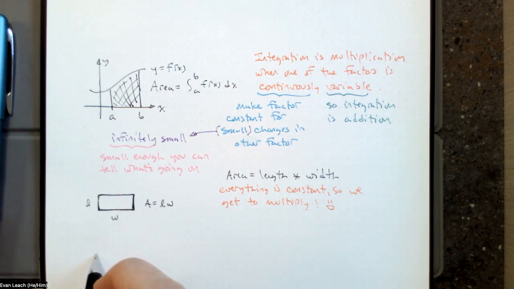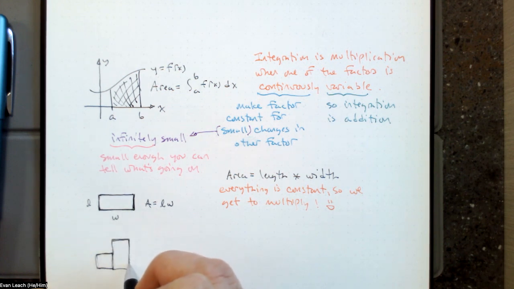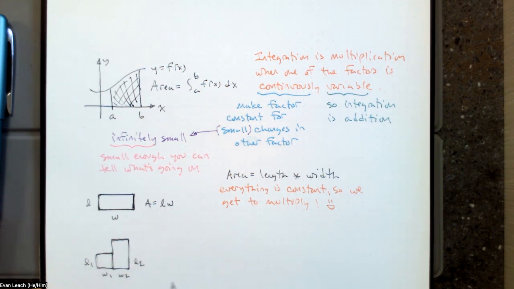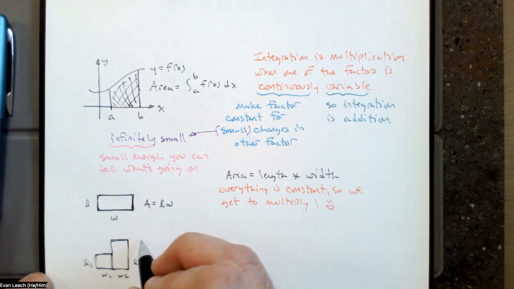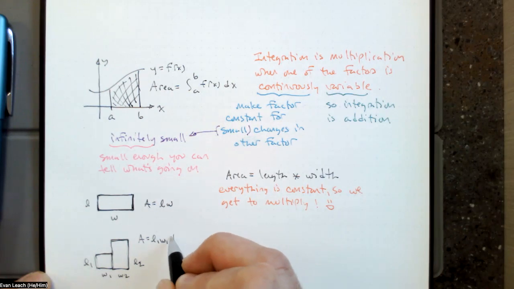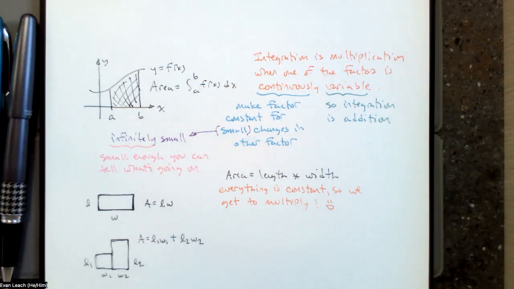So if I've got one length here, and then a little bit later I've got some other length, here length is variable, but it's still constant in pieces. So we just add.